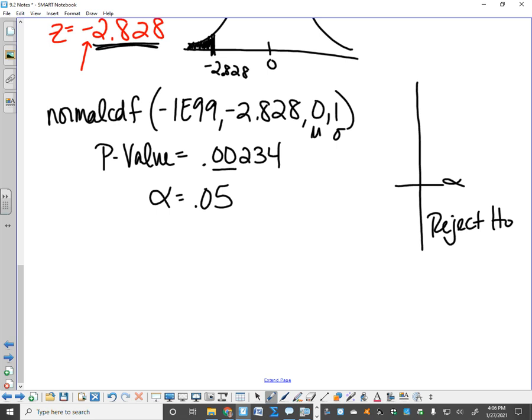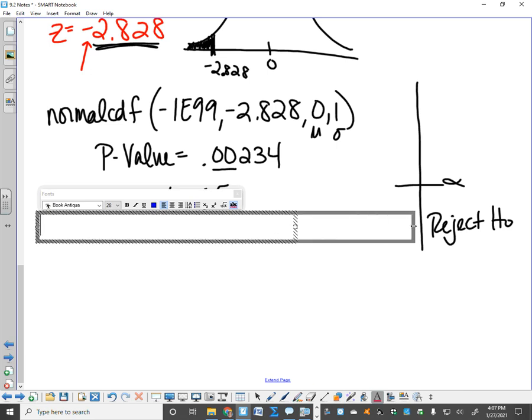So here comes the rubber stamp sentence. I'm going to type it. Now, feel free to just sit and absorb it and then pause it so that you can write it. All right? But here's your sentence. Since our P value, please notice that P is capitalized, because if it's lowercase, it's a proportion.